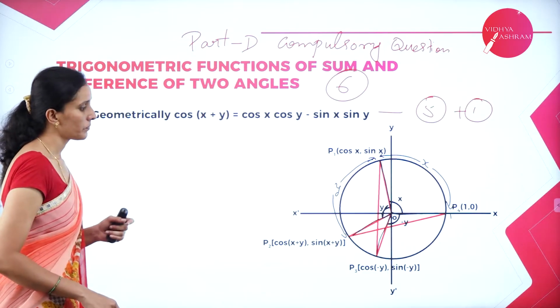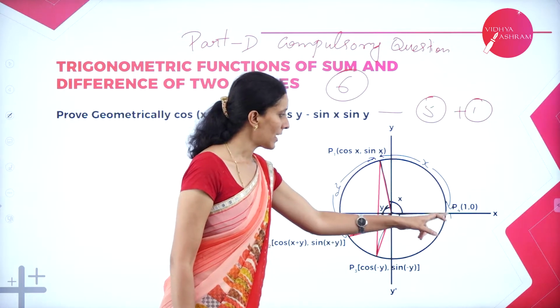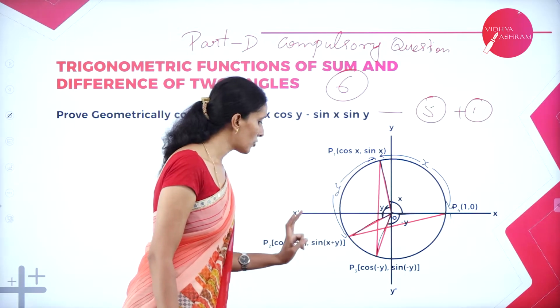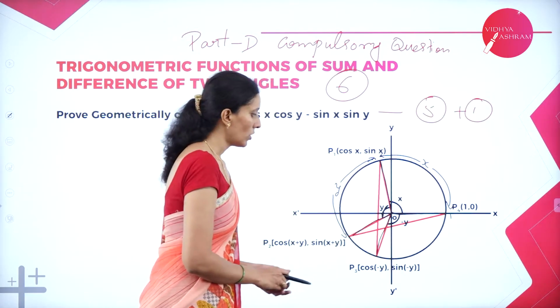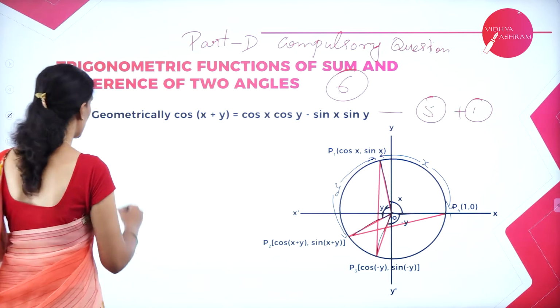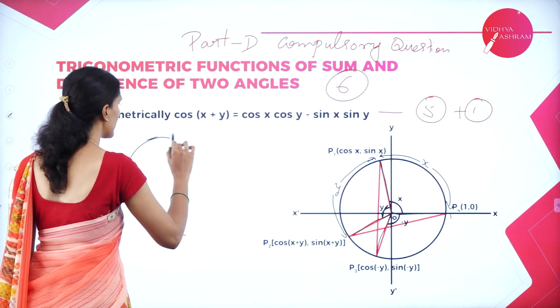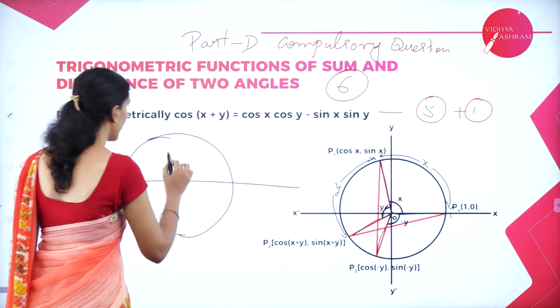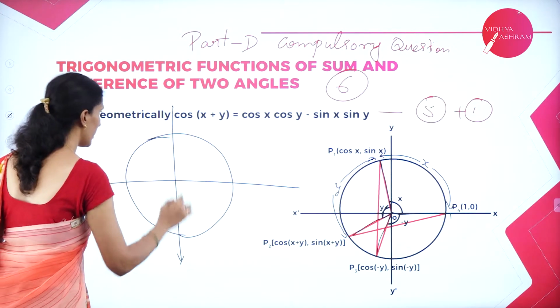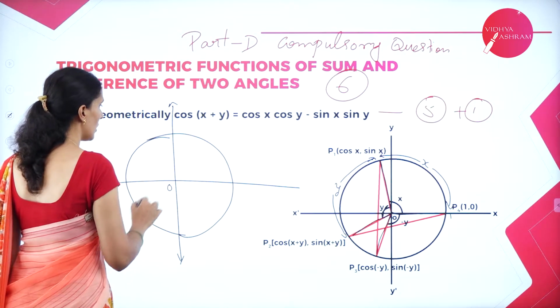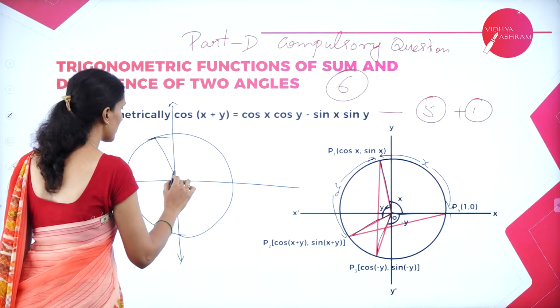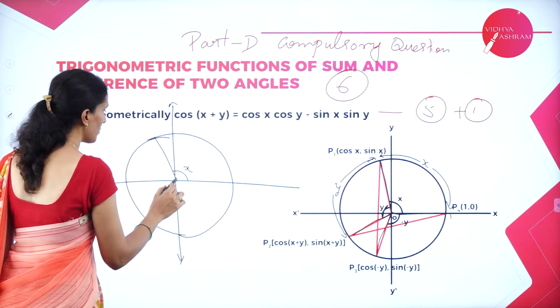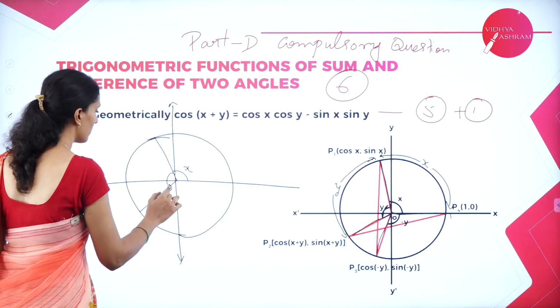Now I have taken these points as P1, P2, P3, P4. Let me explain with one more circle here. Let me take a unit circle; this is your x coordinate and this is your y coordinate. This is your origin. I have taken an angle x here, and an angle y here.